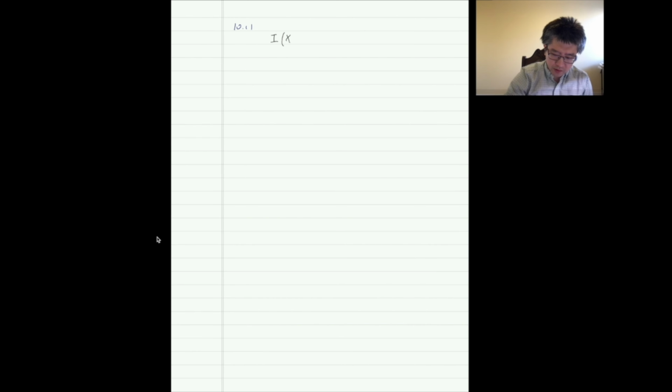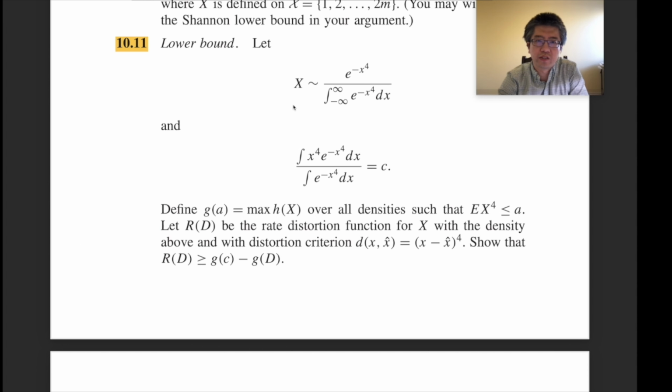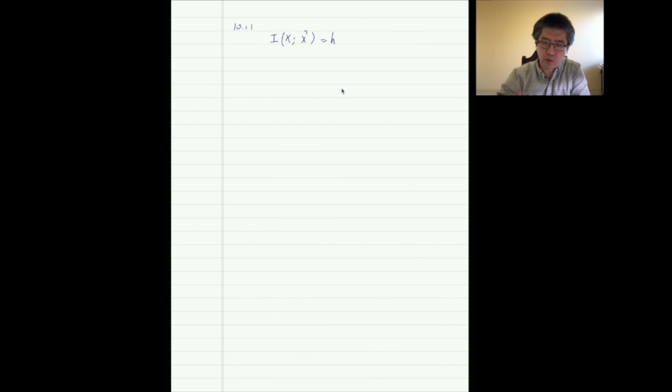So now let's compute the rate distortion function. Again, what we consider now is a continuous distribution, right? It's not discrete anymore. Therefore, we have to write the differential entropy. Okay, so what we're going to do is as follows. We let x minus x hat given x hat.